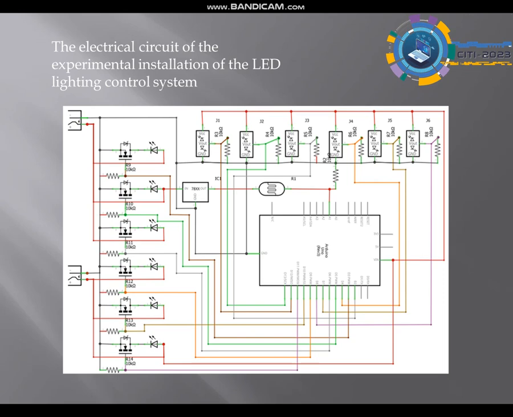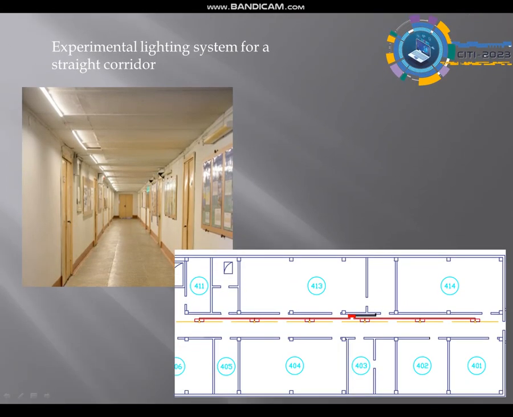An experimental lighting system was made. It operates on the basis of an Atmega microcontroller and is located in a 35 meters long corridor. In this experiment, linear LED lamps were studied. This corridor is situated in our university.